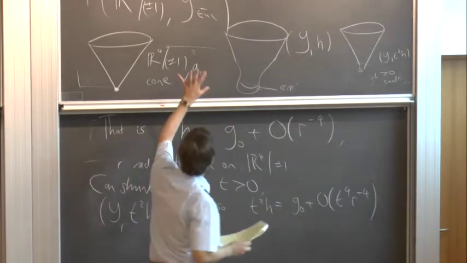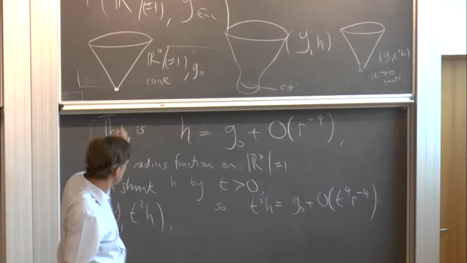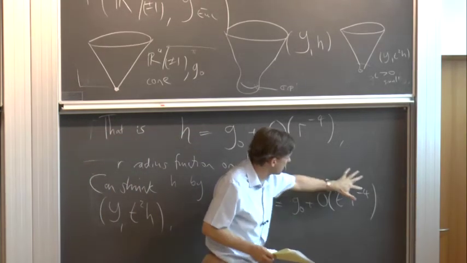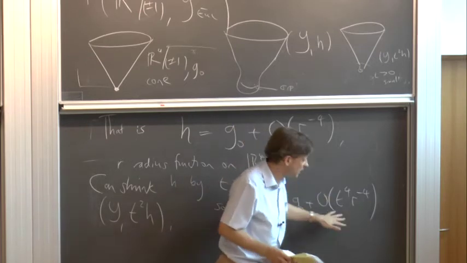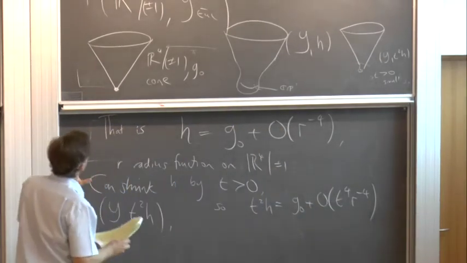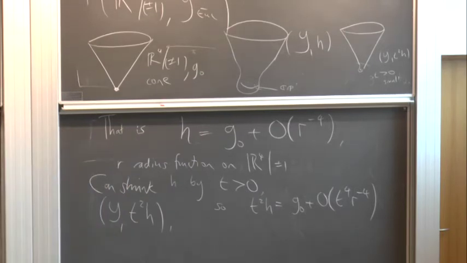So basically the r gets replaced by a t inverse of r or something like that. So in particular at radius 1, if t is small, then this is getting small. So that's a weird thing to do, perhaps.